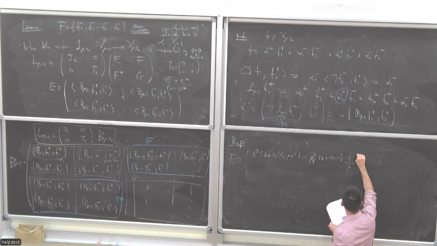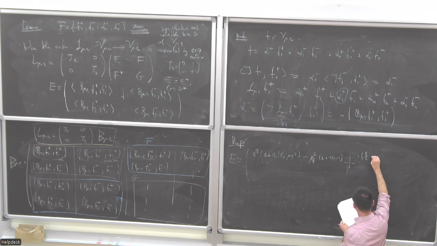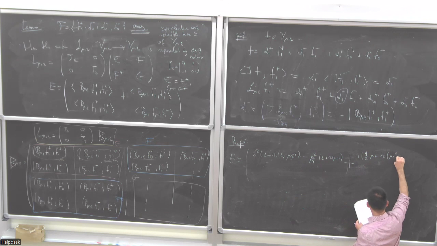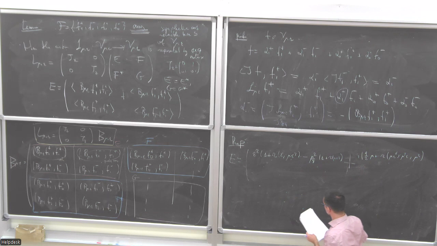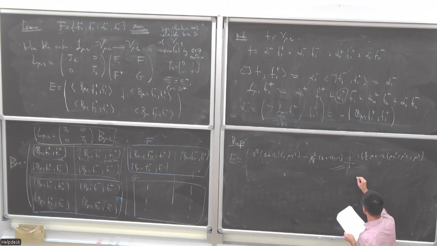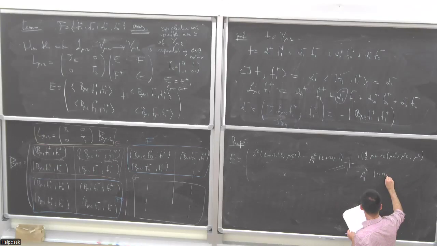Then I have i, 1 over 2 mu, plus a remainder of order mu epsilon square, mu square epsilon, mu cube. Here it's the same as this element, so these are the same, and then you have here minus mu square over 8, 1 plus another remainder epsilon mu.